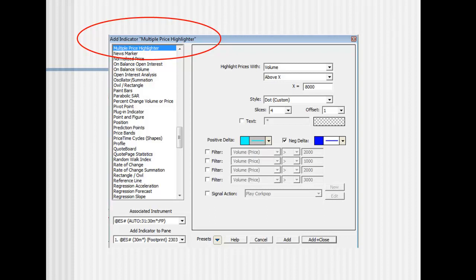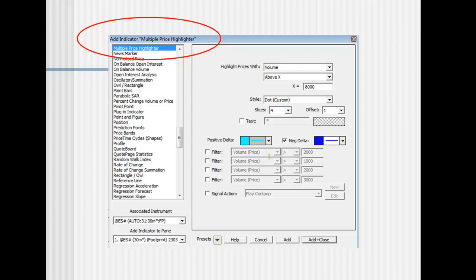The volume filter conceptually is very different from the KVT. When I explained the KVT, I mentioned that it had a look-back period, and it would go back, calculate the average for a certain number of days, and then determine whether volume was 1 standard deviation above the average, or if it was 2 standard deviations above the average. A filter, on the other hand, simply looks at a finite or a fixed volume level.